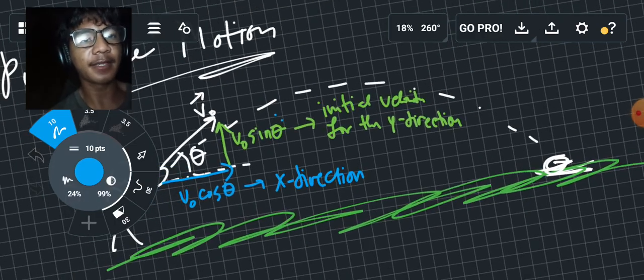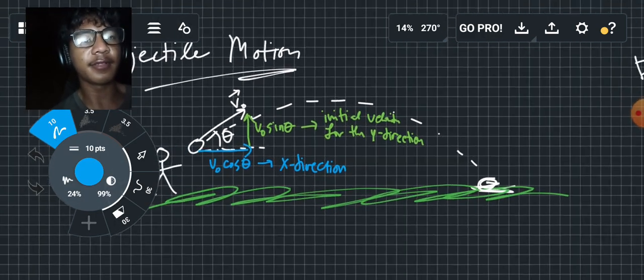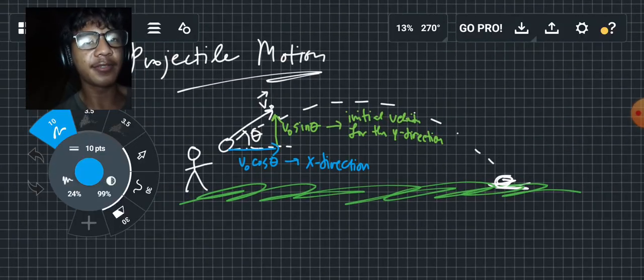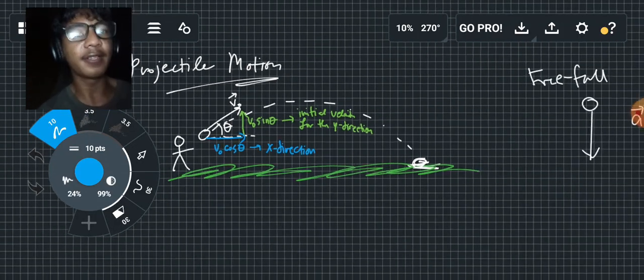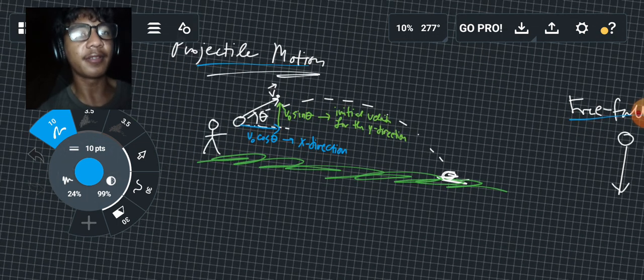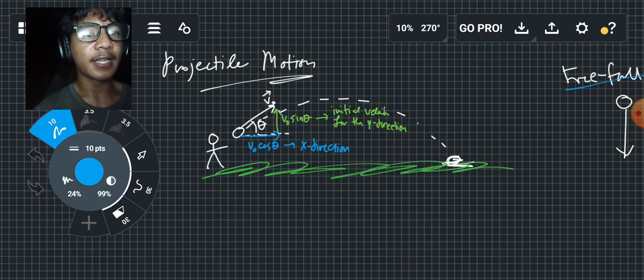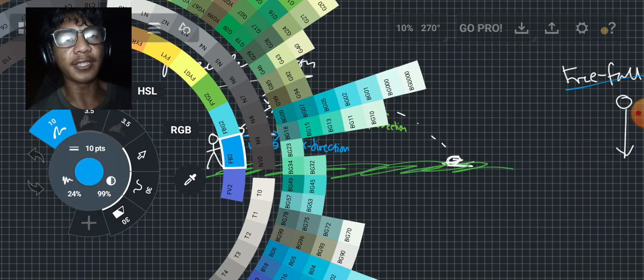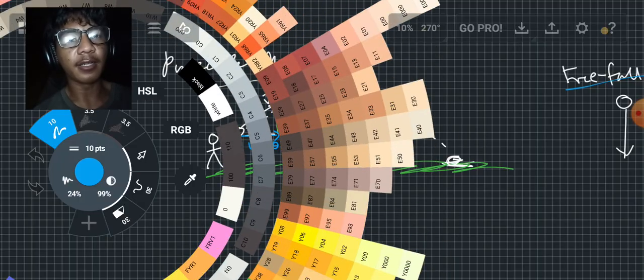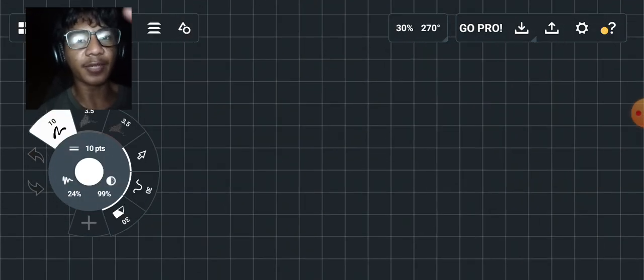Okay, so since projectile motion and free fall motion both occur on Earth, only the y direction feels the force of gravity, and therefore the acceleration. To put this into words, we have 2 points here.